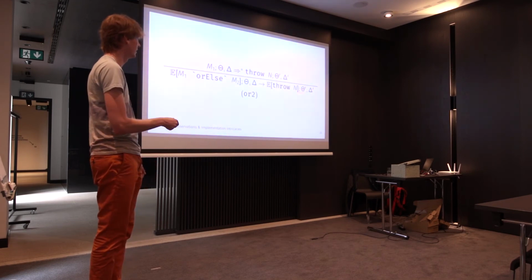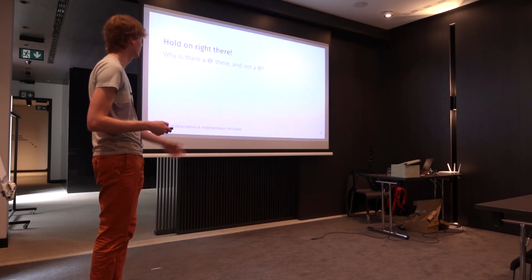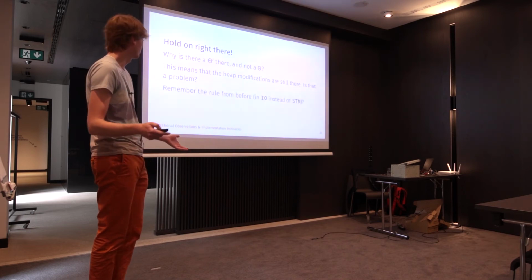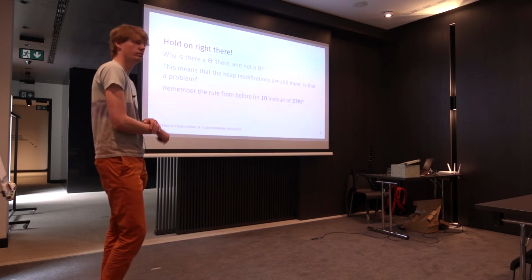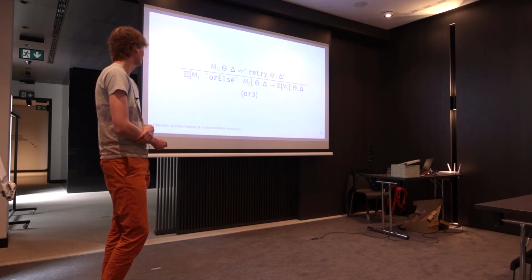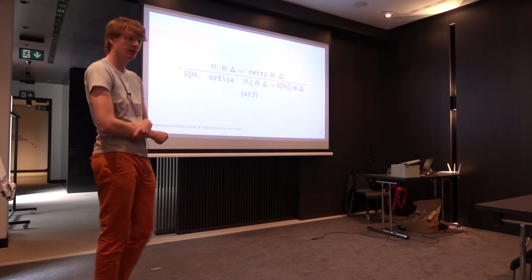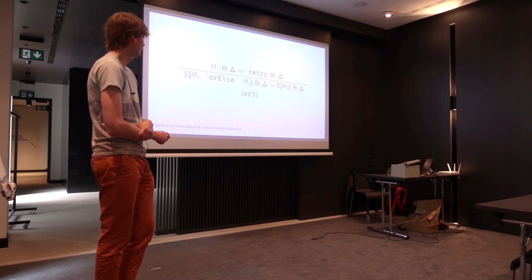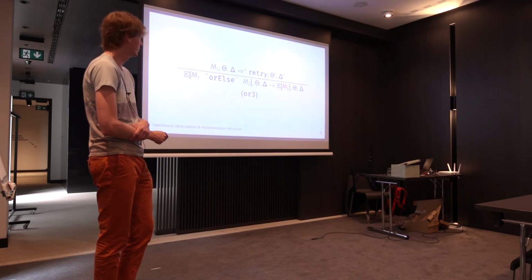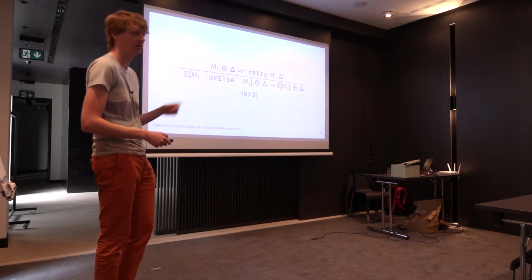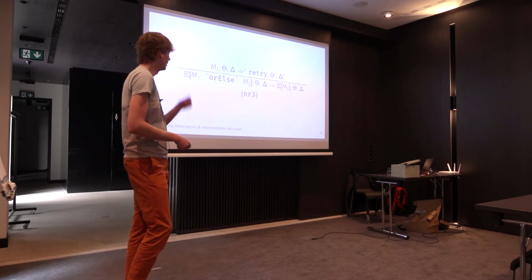Why is this a theta prime instead of theta? Aren't we handling exceptions? Well, it's because the heap modifications are still there. That's not a problem because the previous rule accounted for that, to discard them. And then we have what happens in case of a retry. M1 resolves to a retry. Then we just evaluate M2 and see what happens. Again, wrong arrow. I'll correct it on the slides that I'll post online.